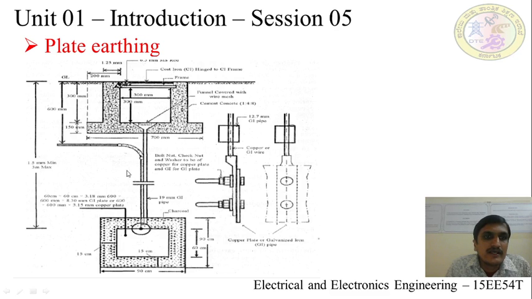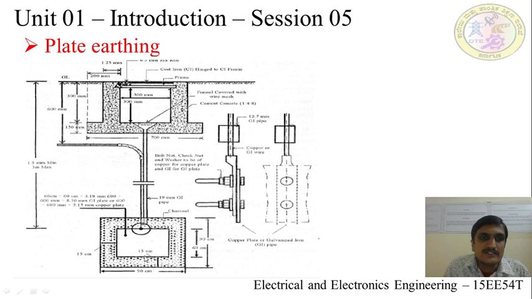In this, a copper or galvanized iron plate is placed at a depth of 3 meter maximum and 1.5 meter minimum. This depth depends upon the soil condition.